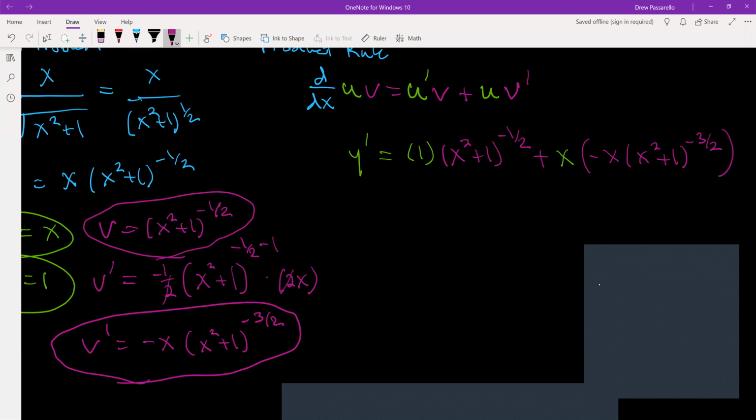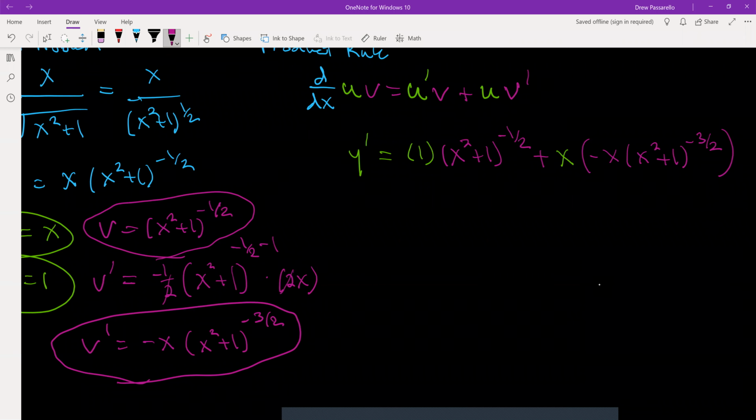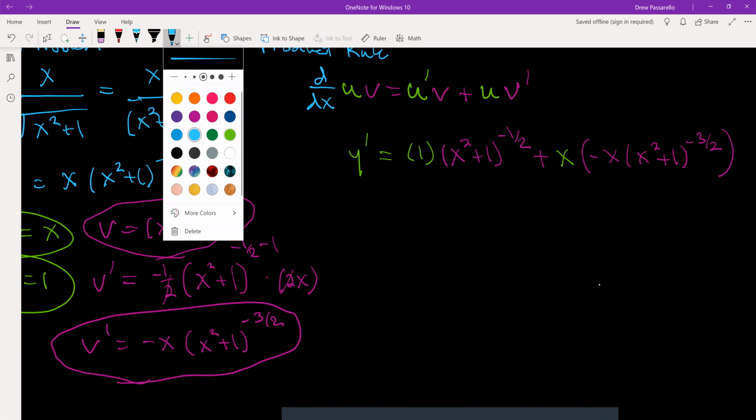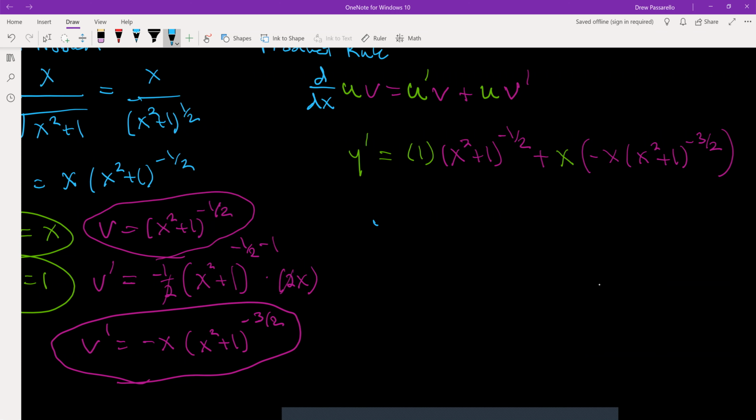All right, and this is where some algebra steps are going to be a little complicated. So I'm going to have y prime equal to, and if I were to factor, these both have x squared plus 1s. Now, one of them has -1/2 power, the other one has -3/2 power. What you want to do is factor out the one that's the most negative.